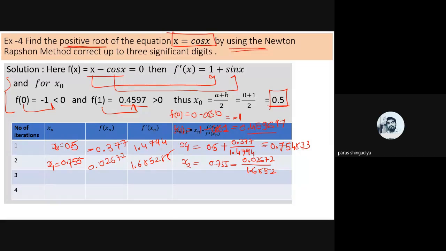So 0.755 minus, and after the bracket, 0.02672 divided by 1.6852, that is 0.73914. Yes, very good. That is 0.739144. Is it correct?